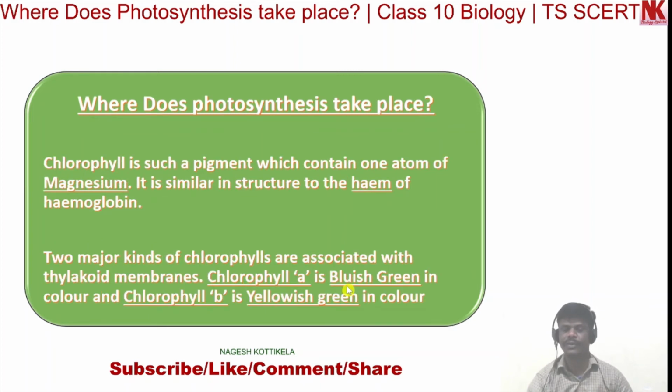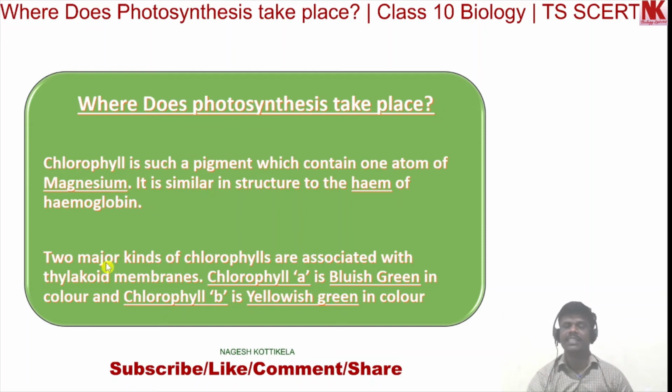Now, chlorophyll is a pigment which contains one atom of magnesium, important for your competitive exams. So the magnesium element is present in chlorophyll, and it is similar in structure to the heme of hemoglobin. That means chlorophyll structure is similar to the structure of the heme part of hemoglobin.